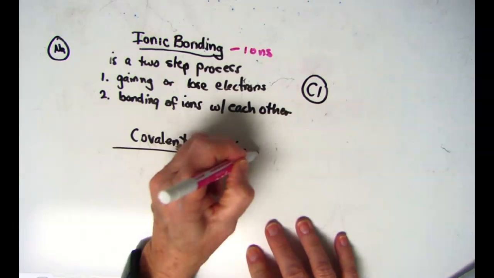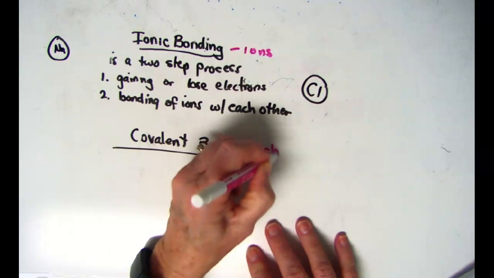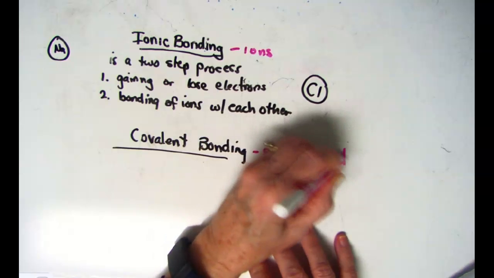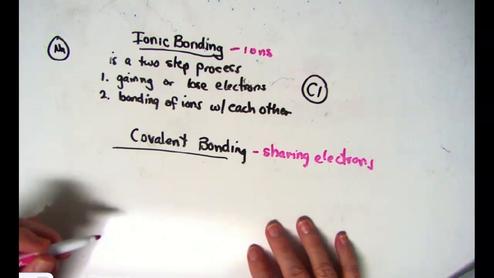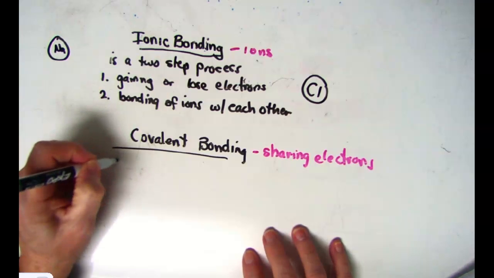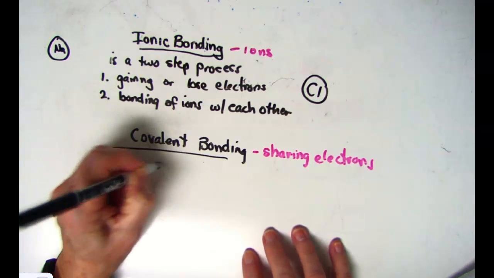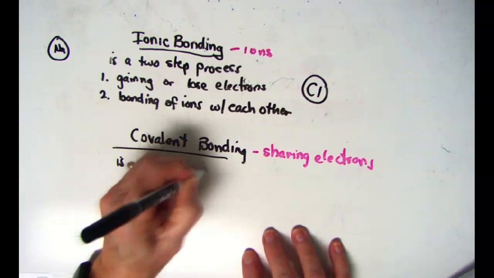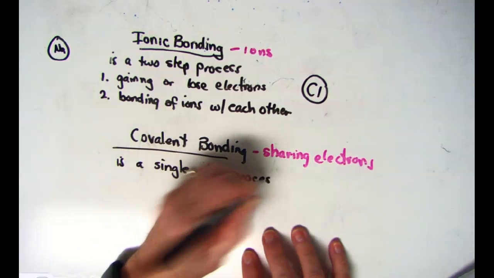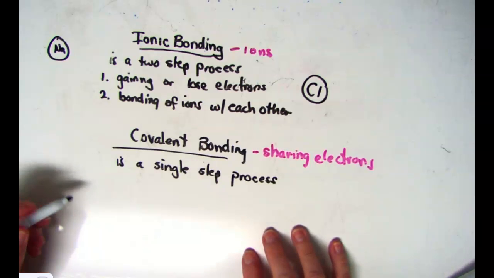Covalent bonding is sharing electrons. Now I'm going to leave this up here because I need you to get that covalent bonding is a single step process. And there's a couple questions that I ask about this every single year.